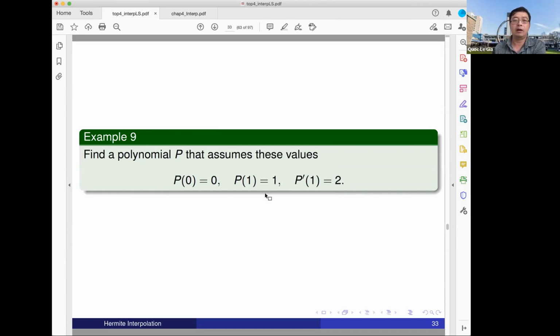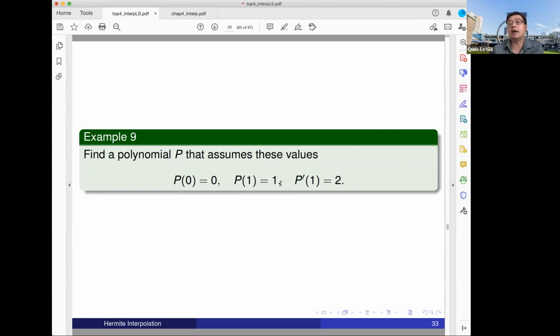Degree 1? Why degree 1? Degree 1 is just a line. Good point, but the derivative here is evaluated only at 1, so we don't know whether it is constant at every point.